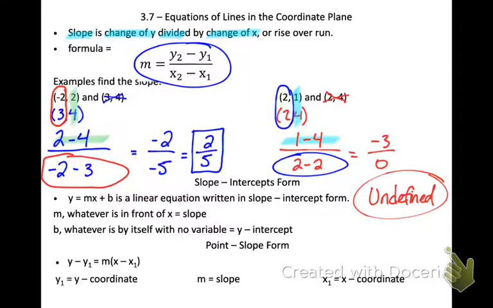Okay. The next thing that we have is slope-intercept form. So y equals mx plus b is pretty familiar to most people. y equals mx plus b is our slope and our intercept. The important letters for us: m is our slope. And just remember, if it's out of order, that the slope is always the thing that is in front of the x.